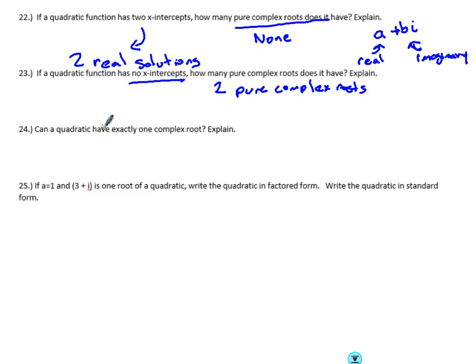Because you have no x-intercepts, you're going to end up with a solution that includes i.